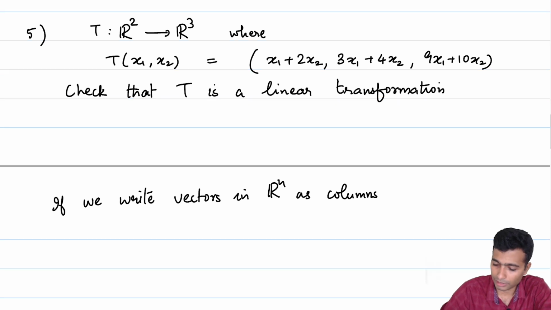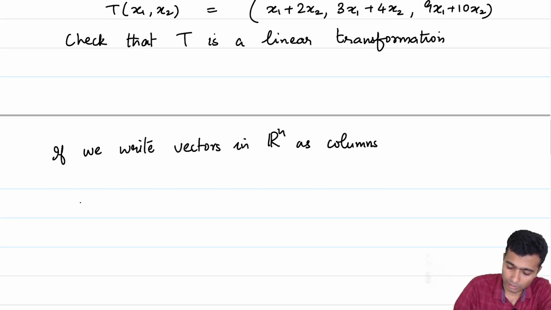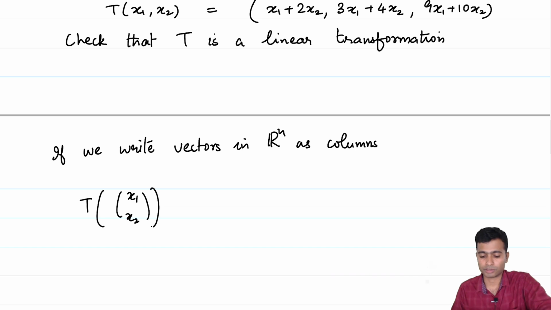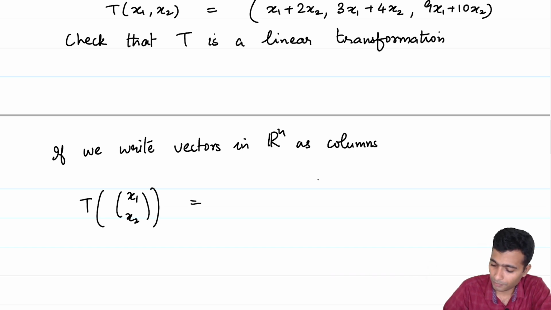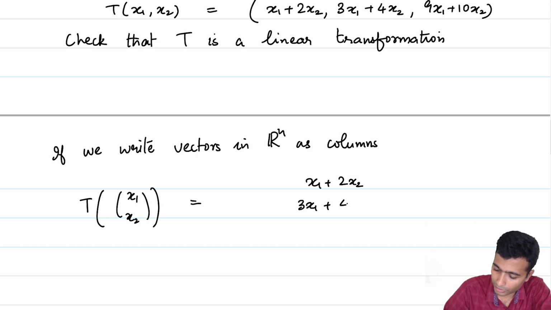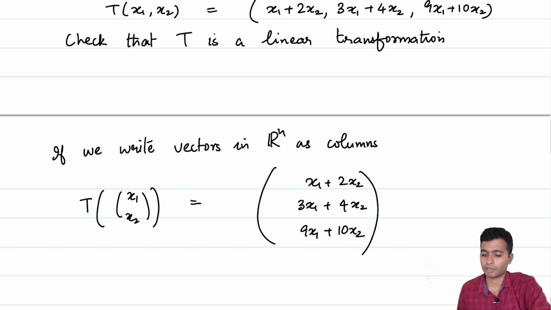This is basically telling us that T of (x1, x2), this is the column representation of the vector x1 x2, right. This is equal to x1 plus 2x2, 3x1 plus 4x2, 9x1 plus 10x2. This is the column representation of the image.